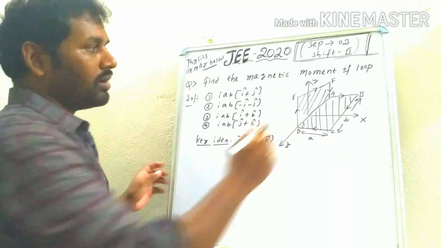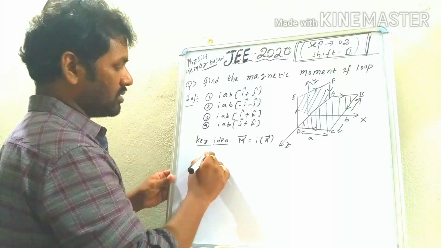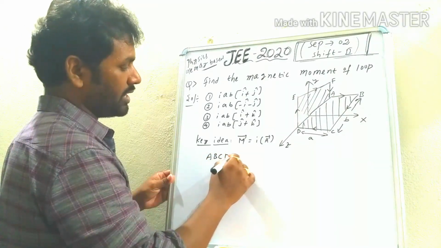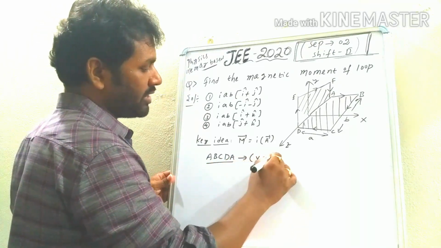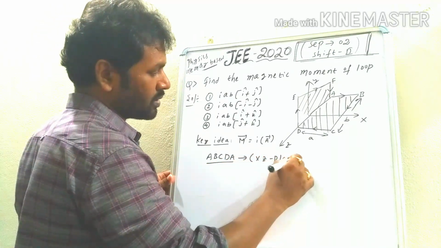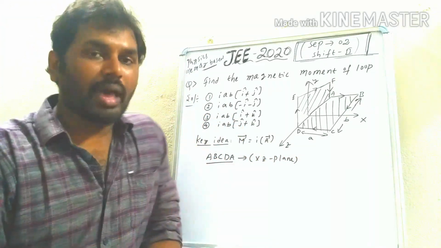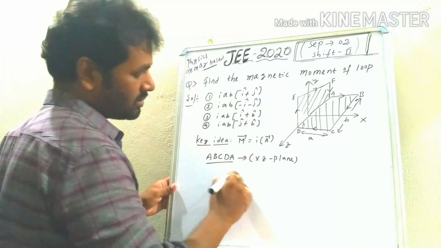Now, let us take first the plane A, B, C, D, A, which is on the XZ plane. For this plane, we need to find the magnetic moment. Let us apply the formula directly.